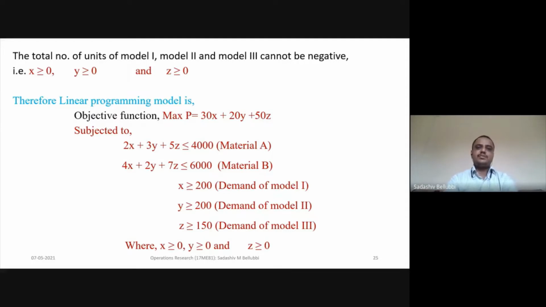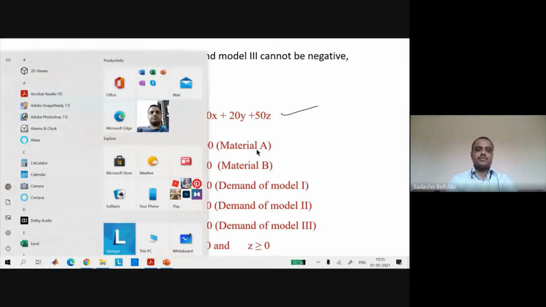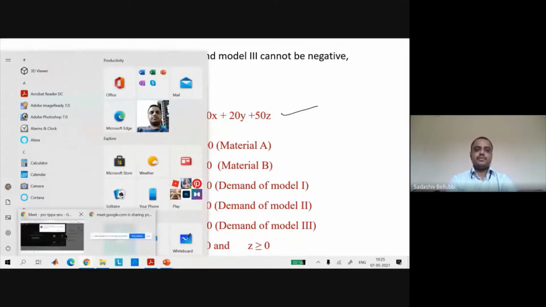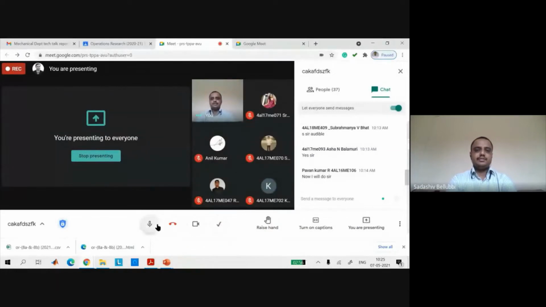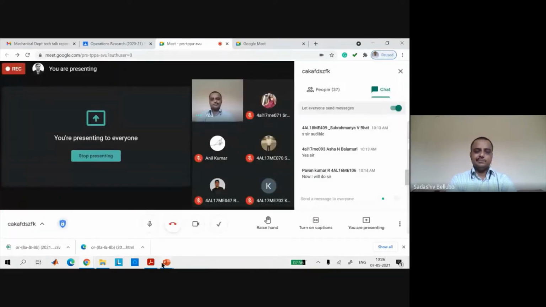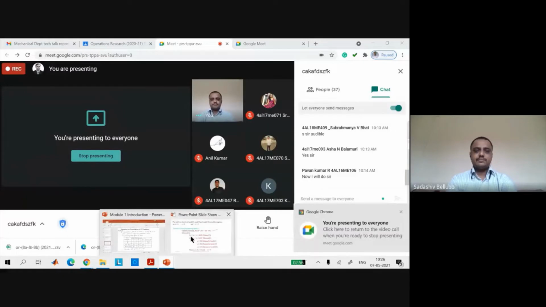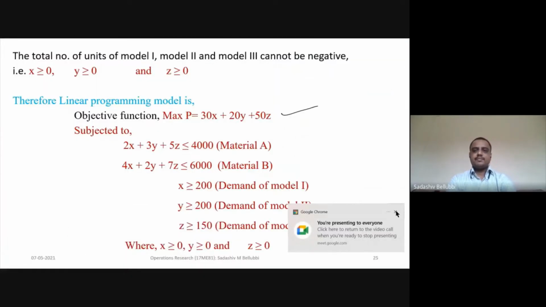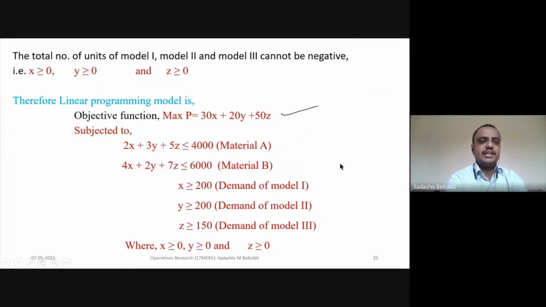Next, the objective function. Whatever I have written as the objective function, that is maximum P equal to 30x plus 20y plus 50z. And subject to the constraints.